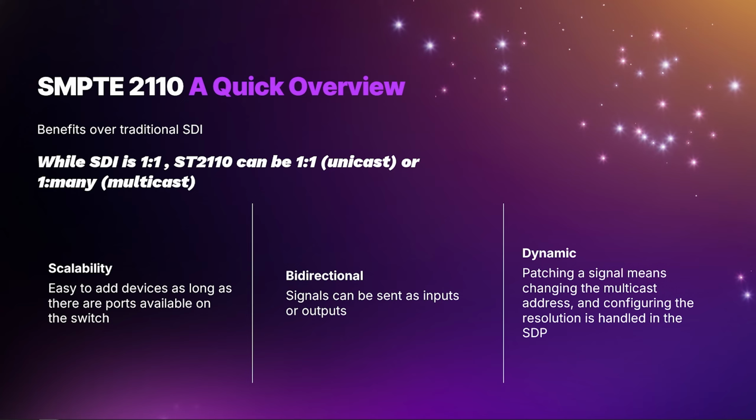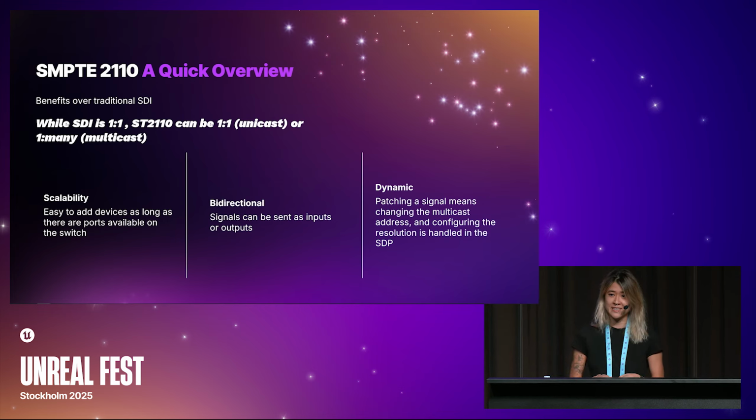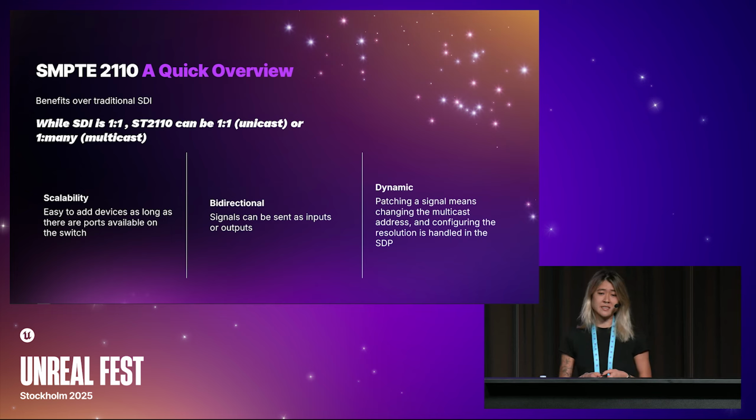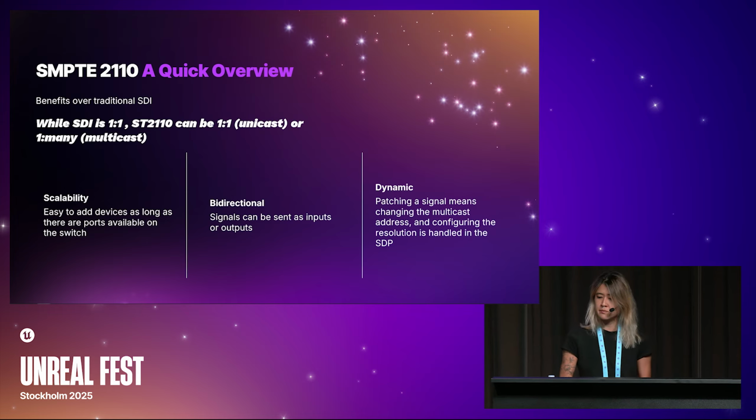Now it's just how many ports do you have on your switch and how much bandwidth do you have to add more devices. So that makes it very dynamic, and patching a signal isn't a physical patch anymore. You just change the multicast address, tell the receiver to look for the same address, and that's how you connect a stream.